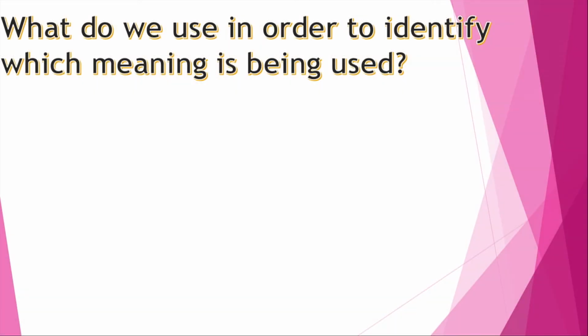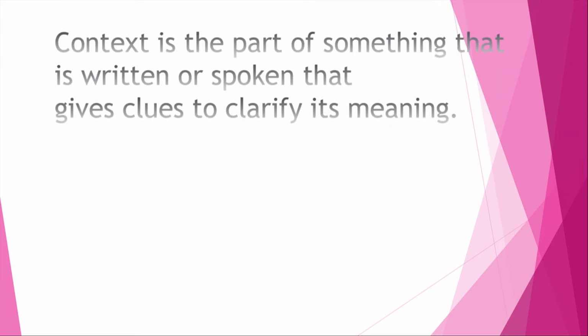Right. So what do we use in order to identify which meaning is actually being referred to by the reader? In order to do that, we use a thing called context. Context is the part of something that is written or spoken that gives clues to clarify its meaning. So if you have something written down and there's a part of it that might be unsure to you, context can help you figure out the meaning that they're talking about there.